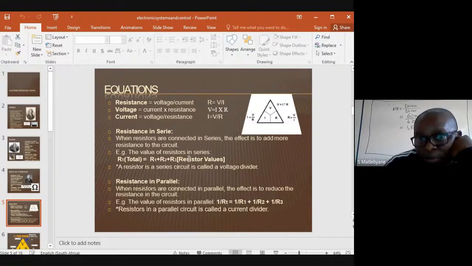Current will be? Thank you, Nakisani. So current in a series circuit will remain the same. So if you are given a series circuit and they say to you, calculate the current, look at the mark allocation.